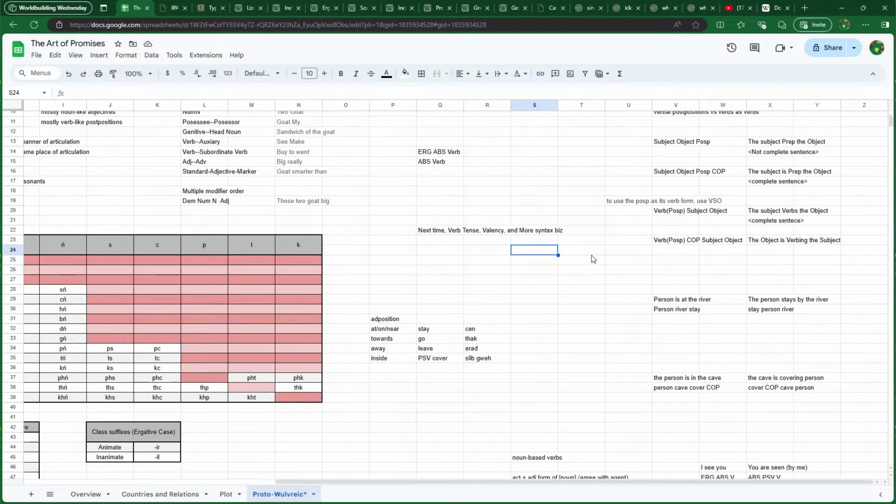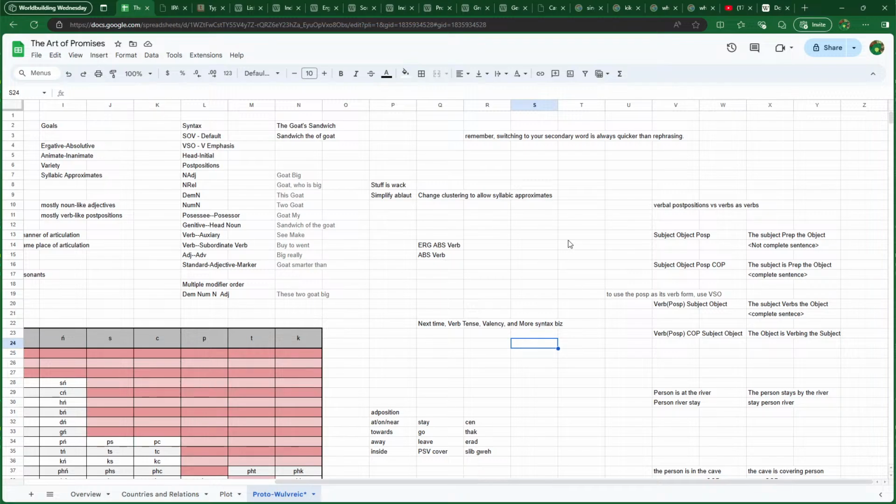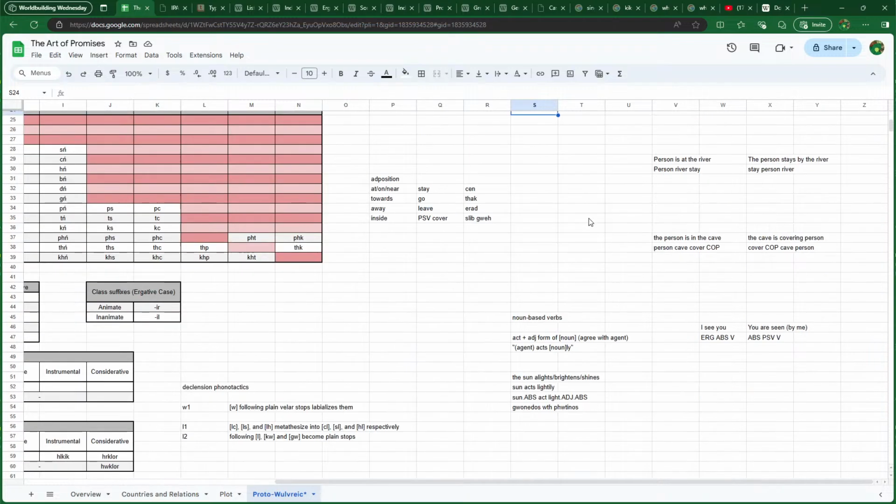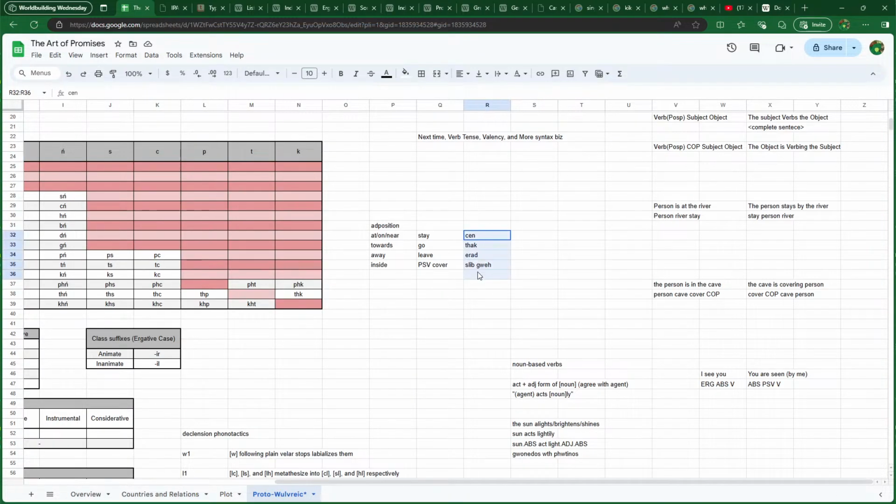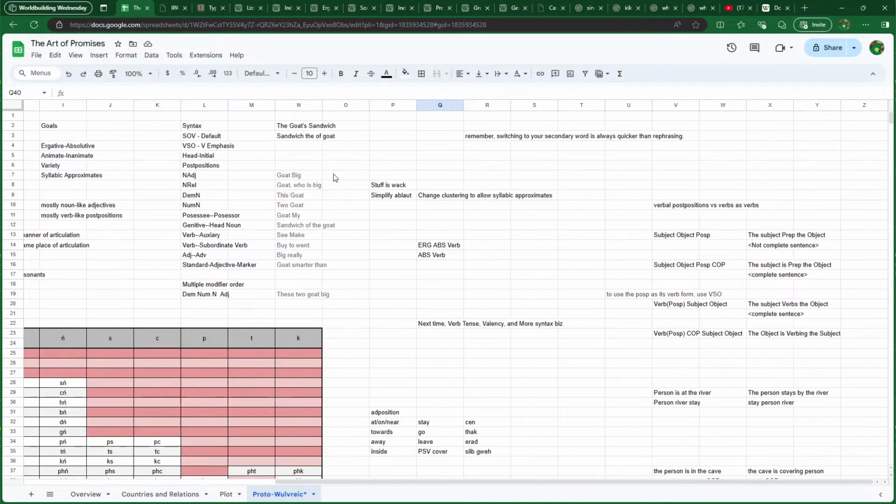So, to pick up where we left off, we were doing stuff with postpositions, right? Postpositions are, or rather, are adpositions, which we're using as postpositions, derived from verbs.